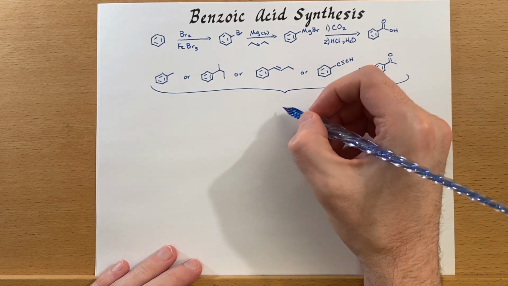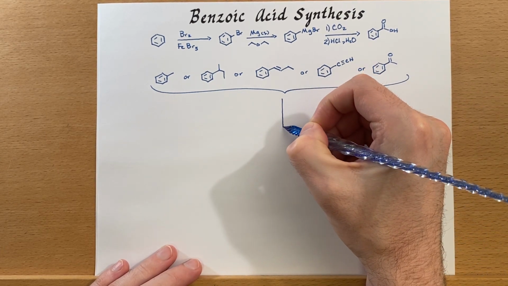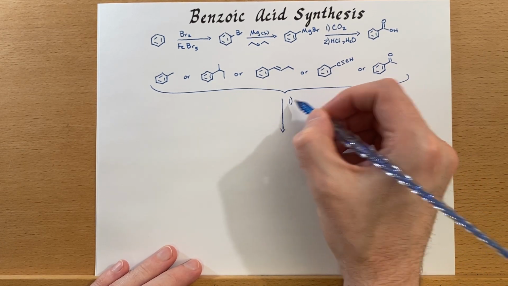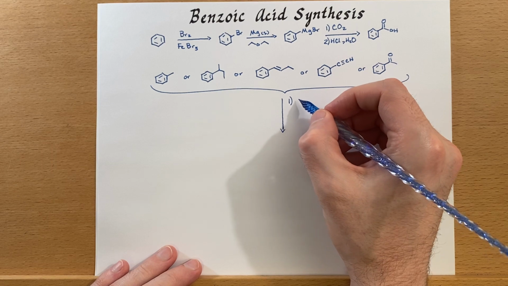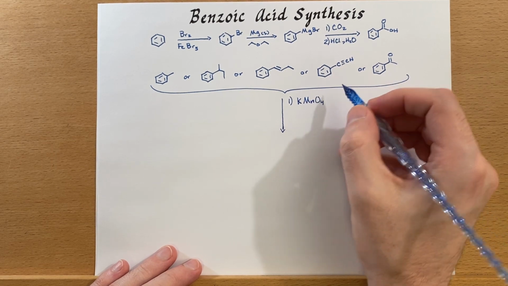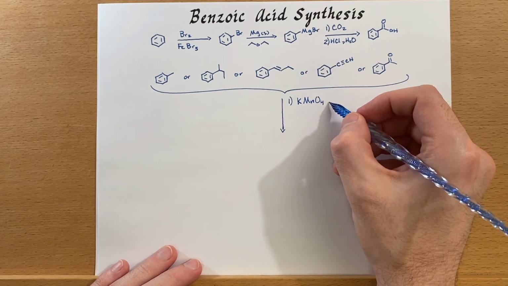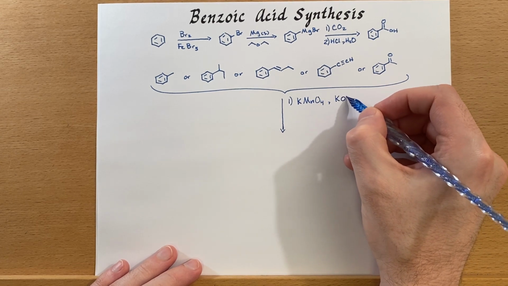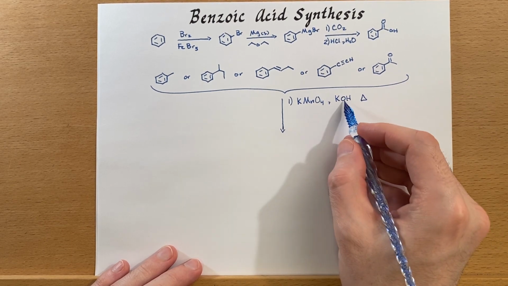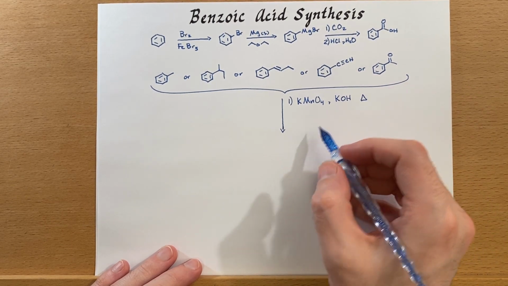So we can pick any one of these, and then we just need one of our favorite oxidizing agents, potassium permanganate. Now this is quite a powerful oxidizing agent. So we're going to add that, potassium hydroxide, and some heat.